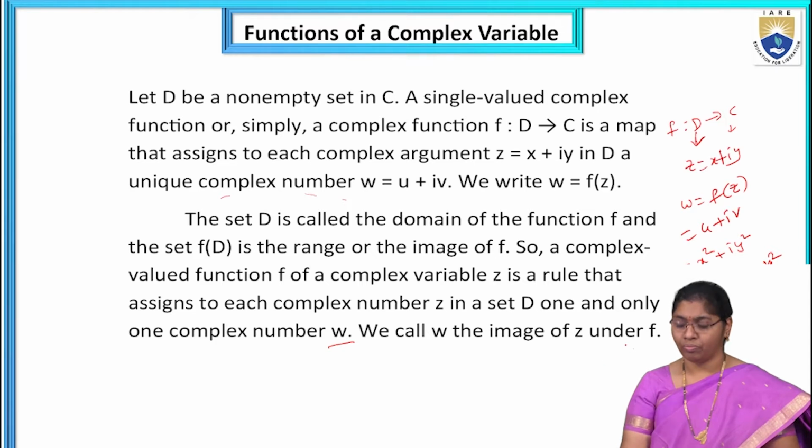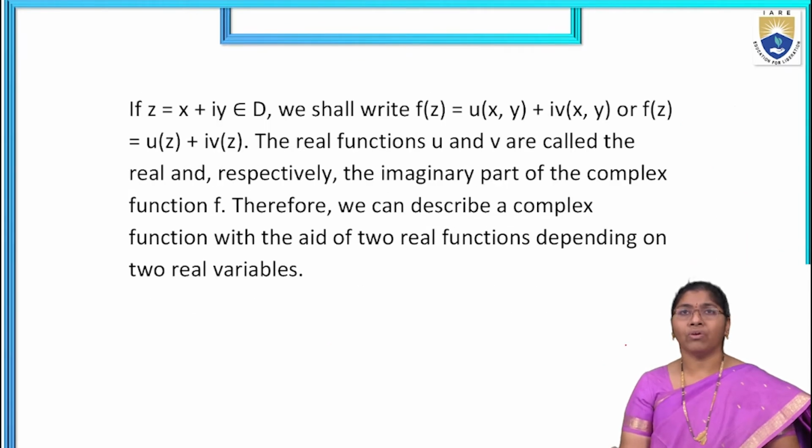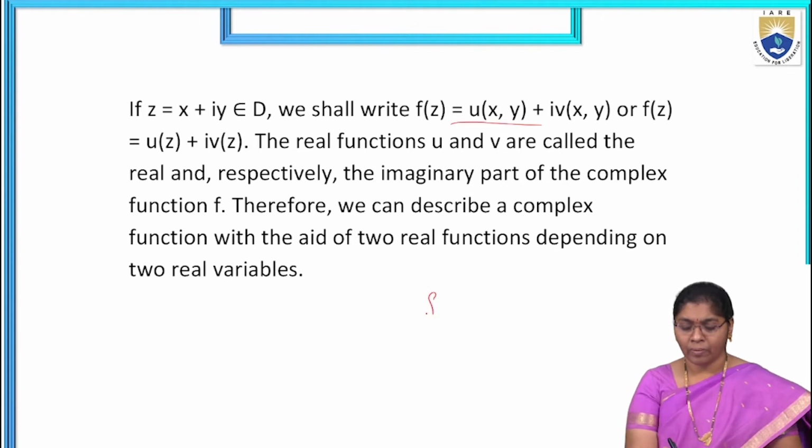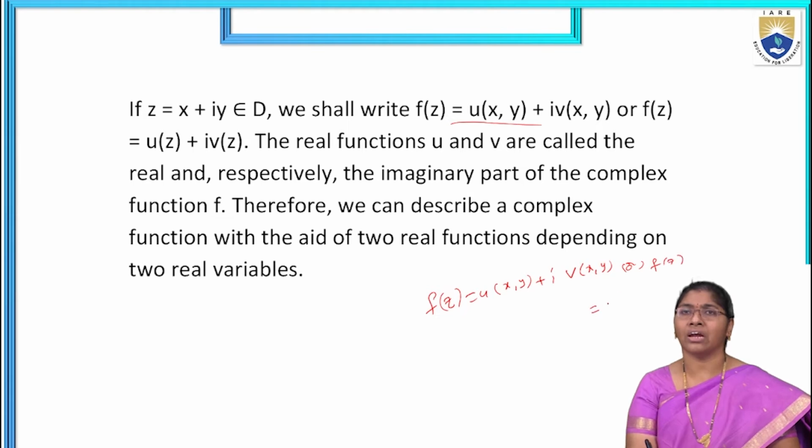Now z equal to x plus iy belongs to domain D. We shall write f of z equal to u of x comma y plus i into v of x comma y, or simply f of z equal to u of z plus i v of z.